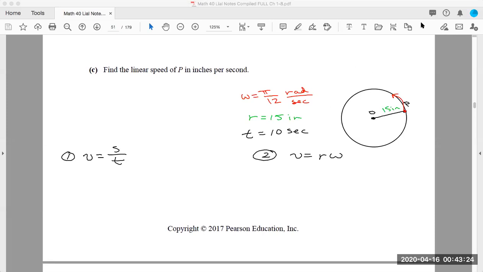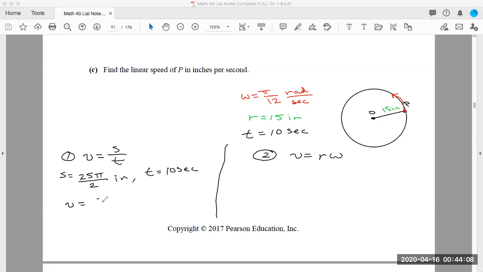Essentially for number 1, if we use the values that we had before, we had S as about 39.3 inches. For this part, it's going to be easier to use the exact value. And your time for that particular distance traveled was 10 seconds.